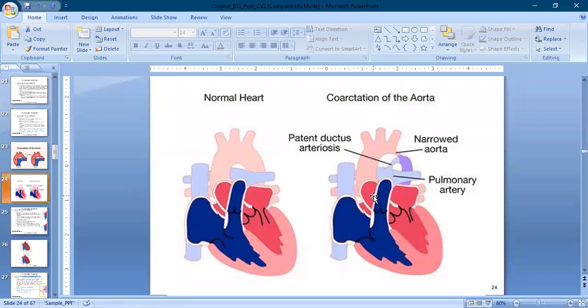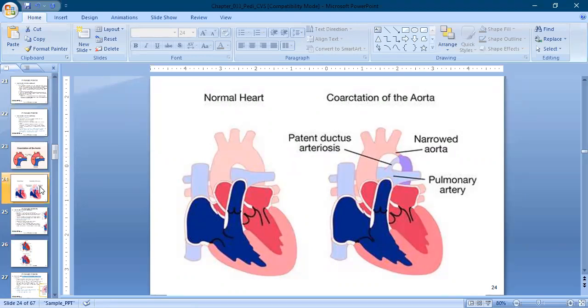In this picture, showing the arch of aorta, there is narrowing of the aorta here, and also the arch of aorta communicates with the pulmonary artery through the patent ductus arteriosus. I said patent ductus arteriosus is one of the congenital problems. It should close before birth, but after birth, if it continues, this is called patent ductus arteriosus, right?